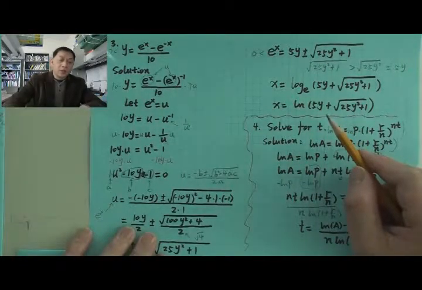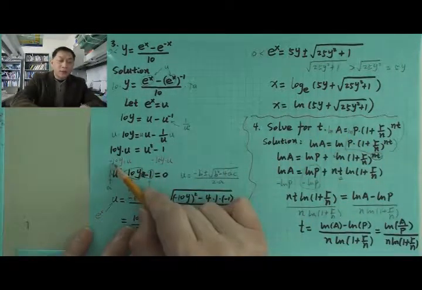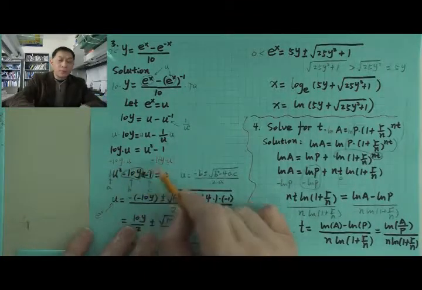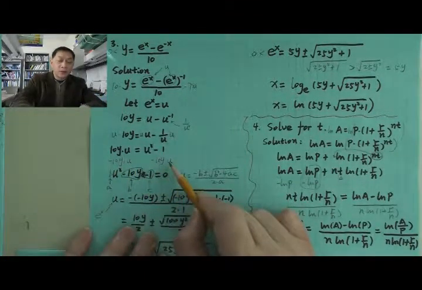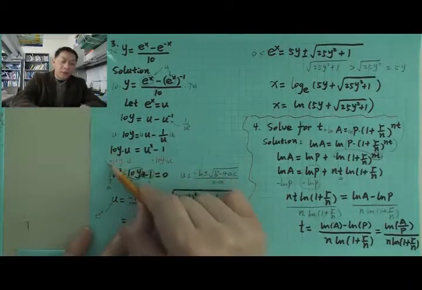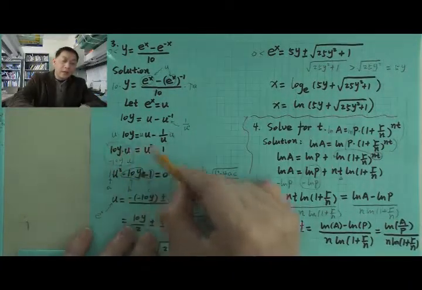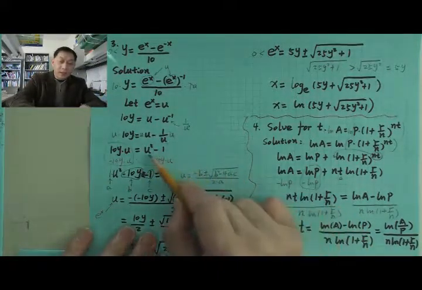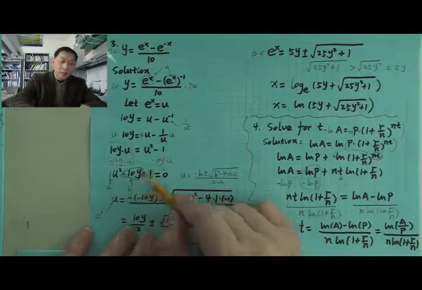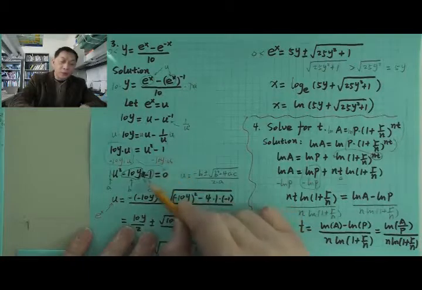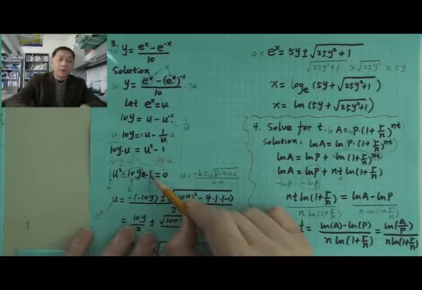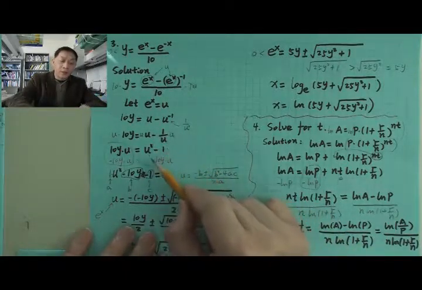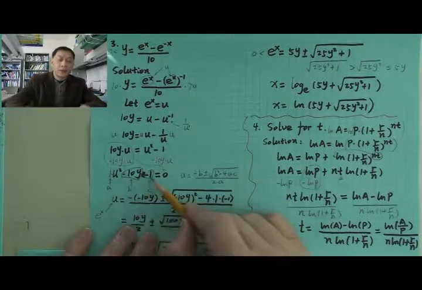And here, if both sides subtract 10yu, then you can cancel this one. Left-hand side is just 0. Right-hand side is u squared minus 10yu minus 1.